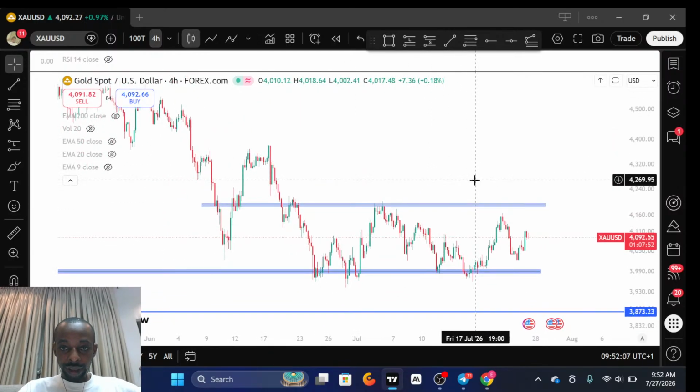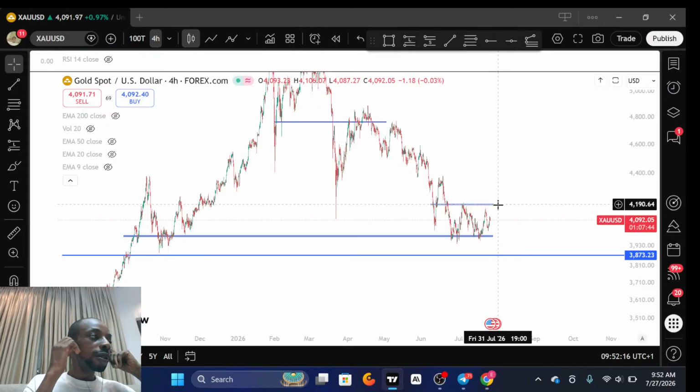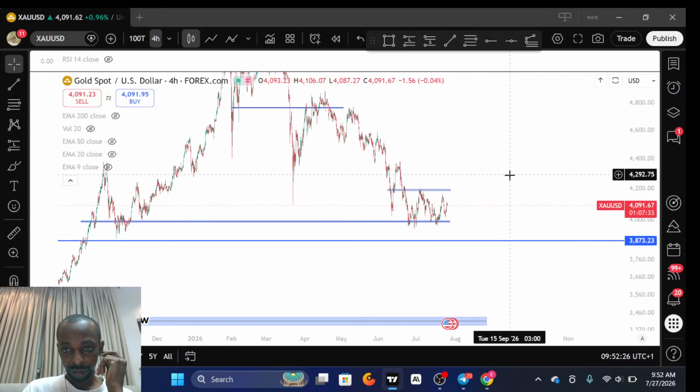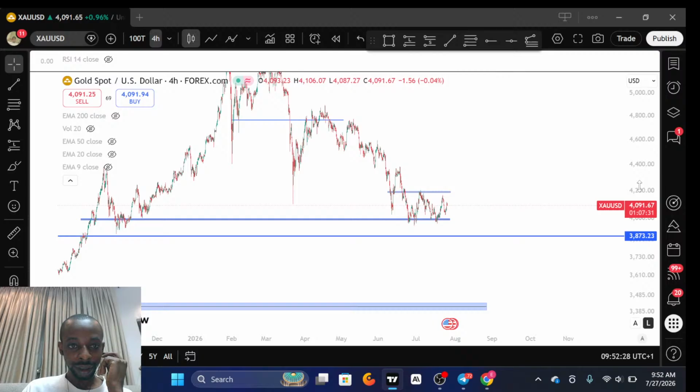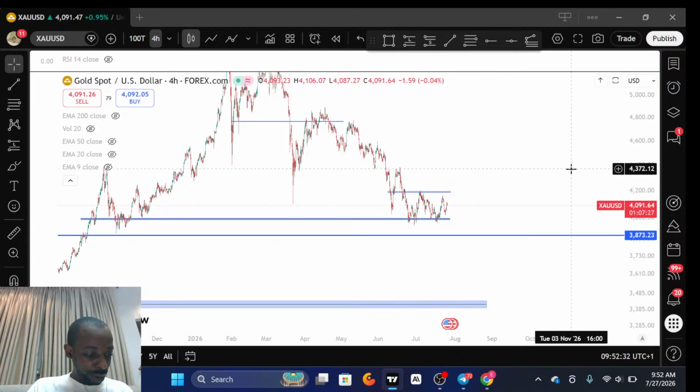Actually, the market is generally on a bearish mode and is sitting upon a very light support area.